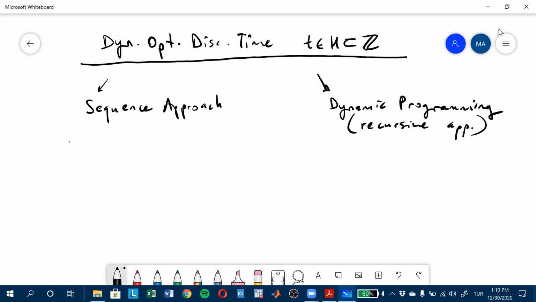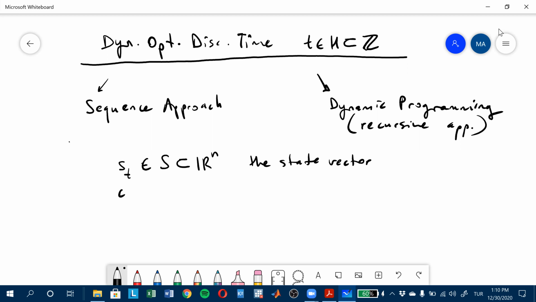So the typical problem will be like this. There will be a state vector, an element in some, let's say, subset of Rn.